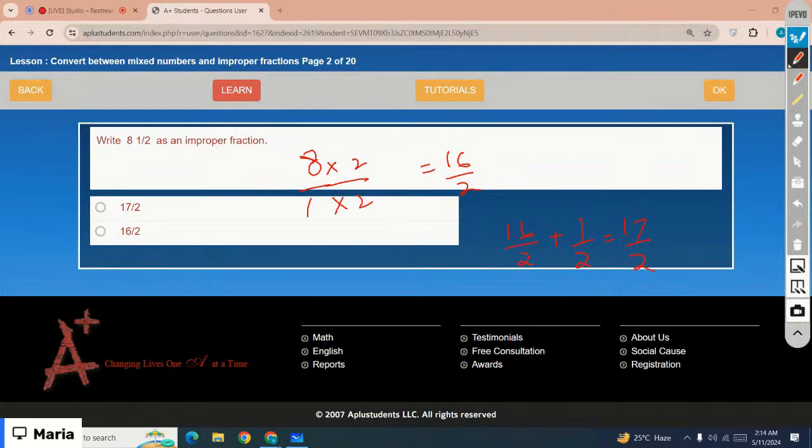So 17 over 2 is the correct option, right?